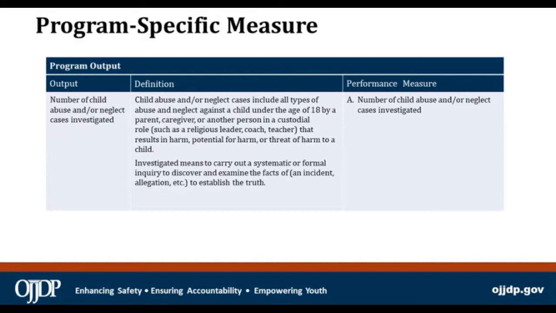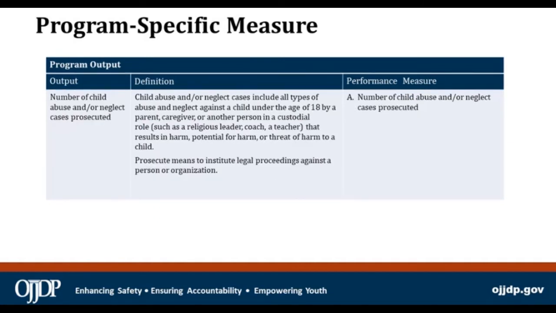Child abuse and/or neglect cases include all types of abuse and neglect against a child under the age of 18 by a parent, caregiver, or another person in a custodial role such as a religious leader, a coach, or a teacher, that results in harm, potential for harm, or threat of harm to a child.